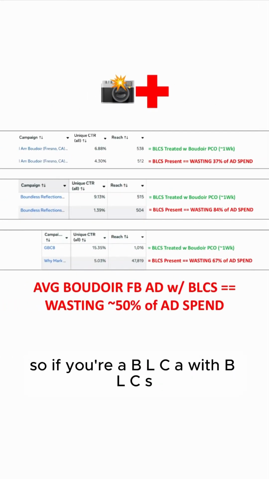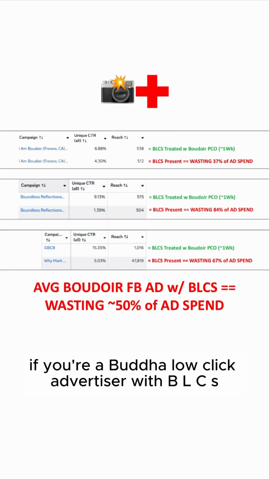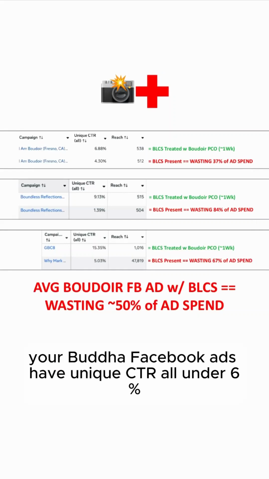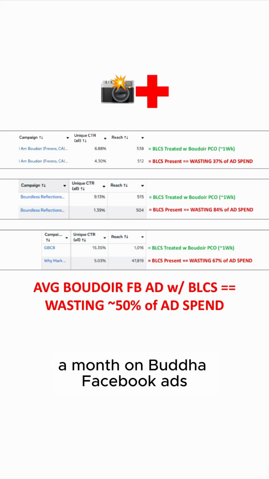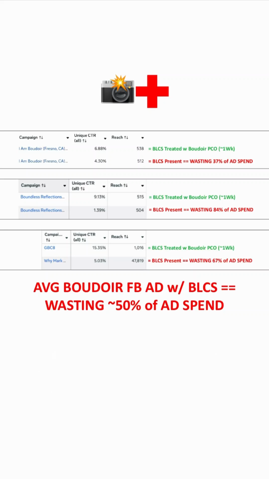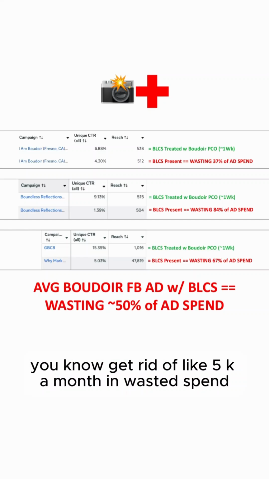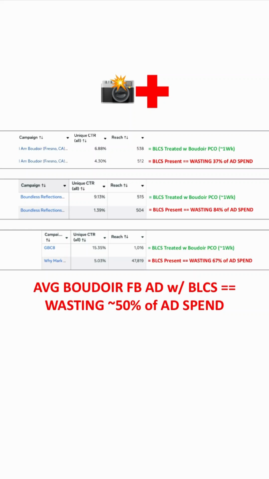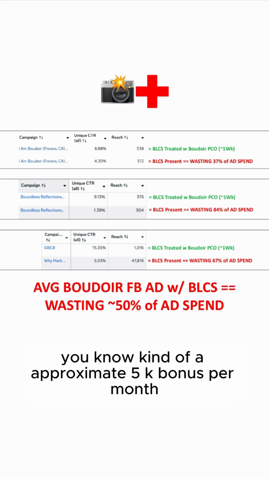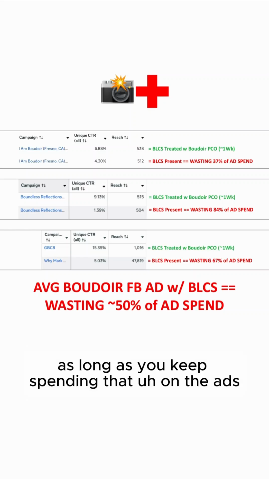All right, so if you're a BLCA with BLCS, if you're a Boudoir low click advertiser with BLCS, your Boudoir Facebook ads have a unique CTRL under 6%, and you're spending more than 10 grand a month on Boudoir Facebook ads, and you want to get rid of approximately 5K a month in wasted spend, put it back in your pocket, that'd be an approximate 5K bonus per month, as long as you keep spending that on the ads.